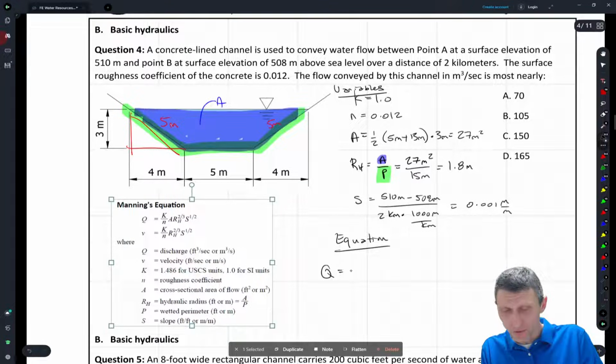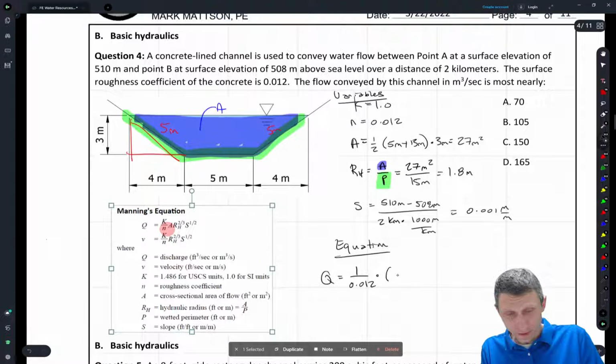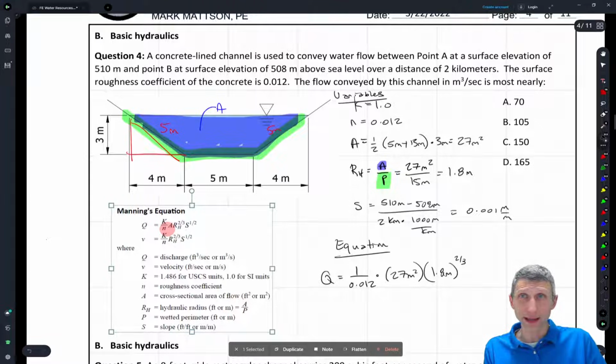We get Q equals 1 divided by 0.012, times A. The A here was 27 meters squared, and times the hydraulic radius of 1.8 meters to the 2/3 power. So make sure you know how to do that one on your calculator.